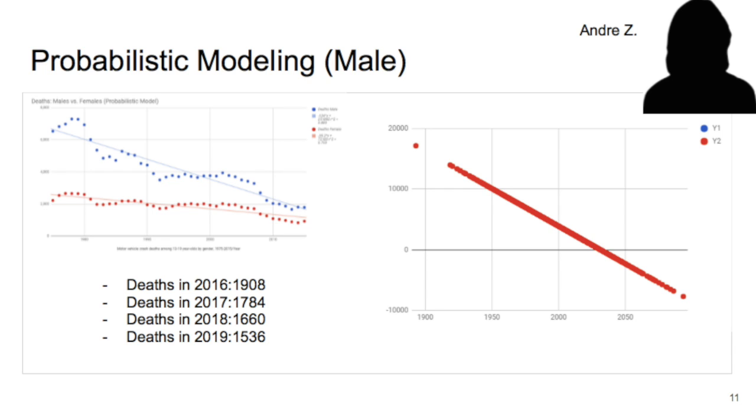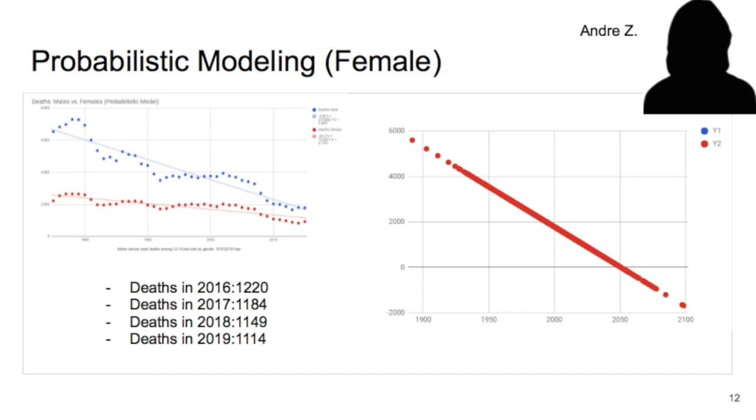Then for 2017, we got 1,784, then 1,660 for 2018, and finally, for 2019, we got 1,536 deaths. As you can see, it's a linear regression. The deaths are going down, and as you will see right now for the females, the male one actually goes down much quicker, but that's to take into account that there are actually more male drivers than female drivers.